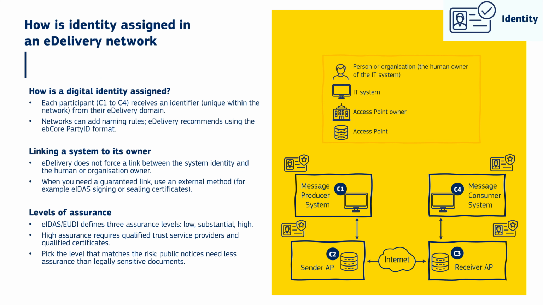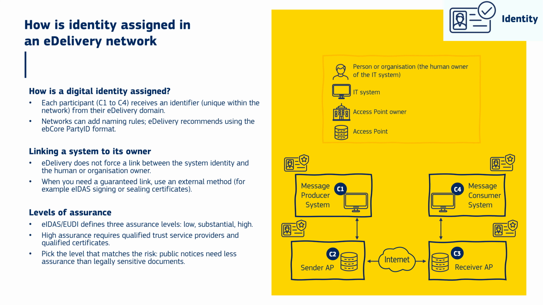We will now look at how a participant in an eDelivery network usually obtains its identifier in the network. The identifier is assigned to the participant according to a process defined by the network governance. The participants, corner 1 to corner 4, in an eDelivery domain will be assigned an identifier. The given identifier needs to be unique within the network.